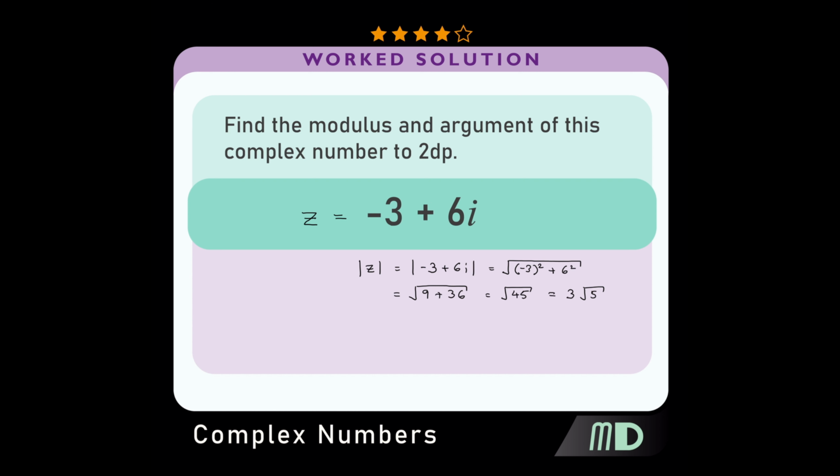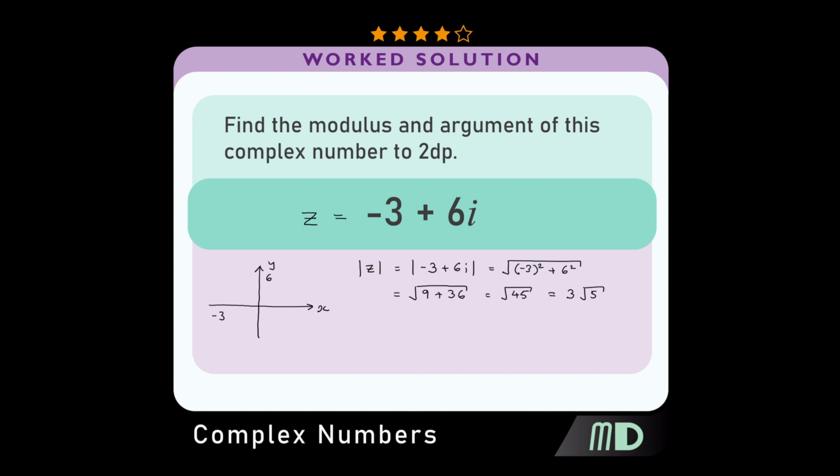To begin, we're going to draw the complex number on an Argand diagram. The complex number z equal to -3 + 6i has a real part equal to -3 and an imaginary part equal to 6.